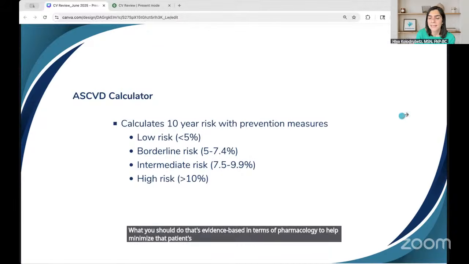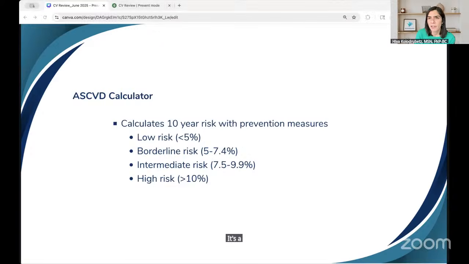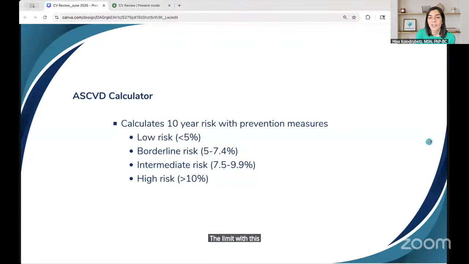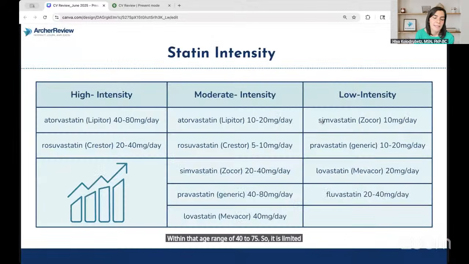So it's a nice tool to have. MDCalc has it. That's what's on my phone. The limit with this risk calculator is that it only factors in patients within that age range of 40 to 75. So it is limited in that sense.